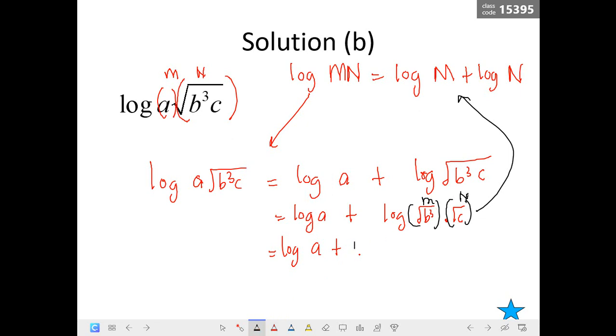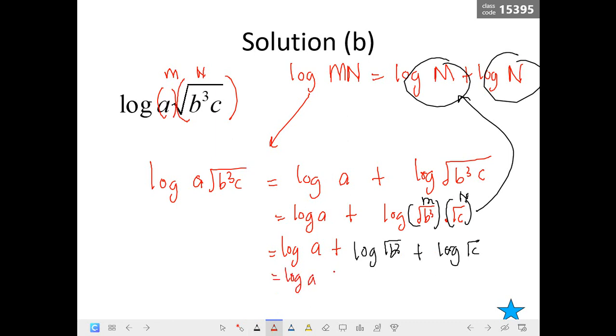This one can be separated to log of the cube root of B cubed, M, plus log N, where N is the cube root of C. Settled. The next step, log A plus, simplify B cubed to the half plus log C to the power half.